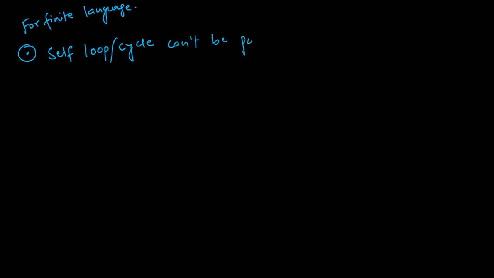That for finite languages, self loops or cycles can't be possible except for the dead state.